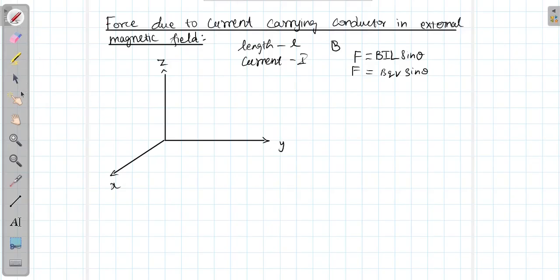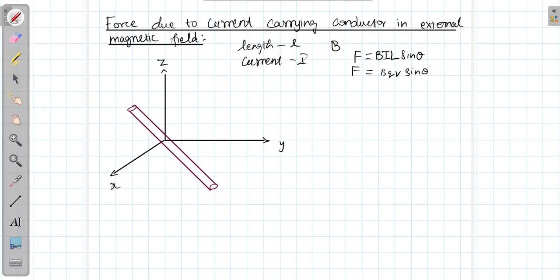Along the XY plane it is placed, and the current is flowing in this direction.